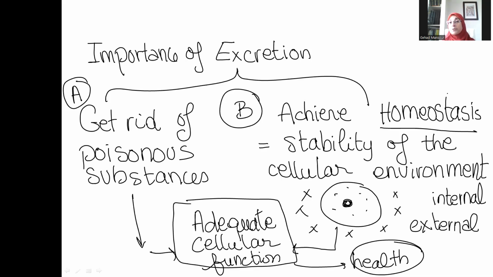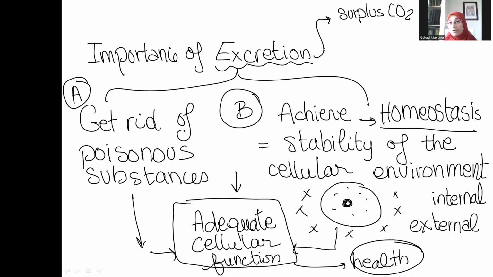What are examples of substances that we need to stabilize inside the cell or around the cell in order to achieve homeostasis, in order to ensure adequate cellular function, and we do this by excretion. So when you excrete, for example, the surplus carbon dioxide, you are stabilizing the pH of the blood.